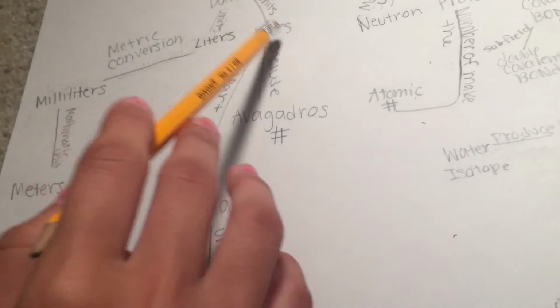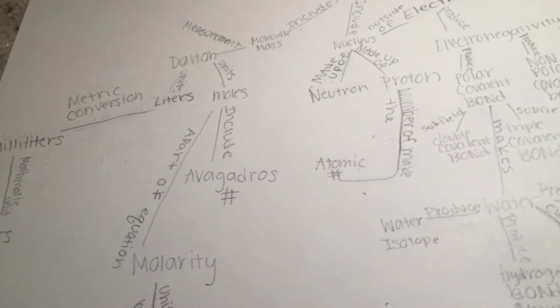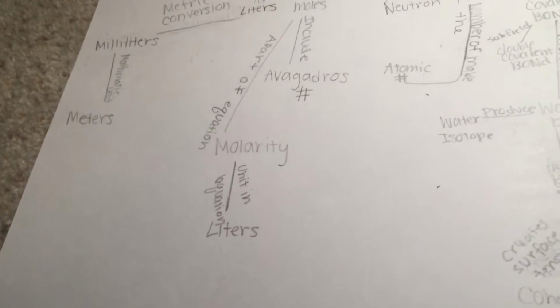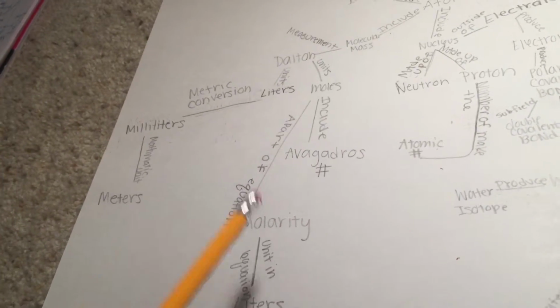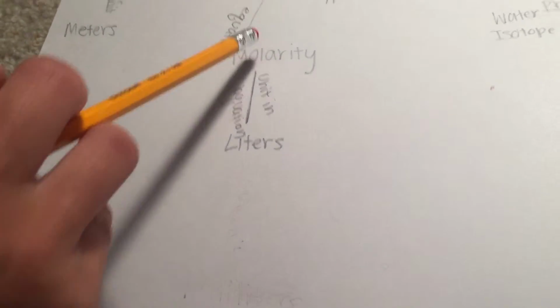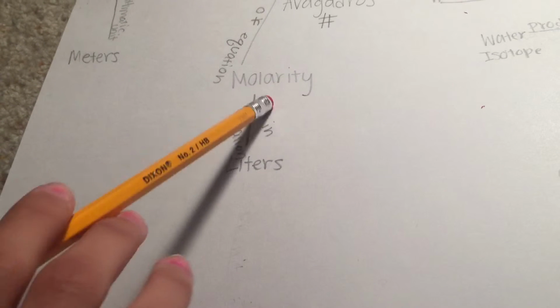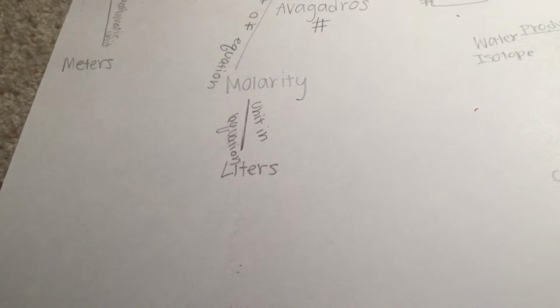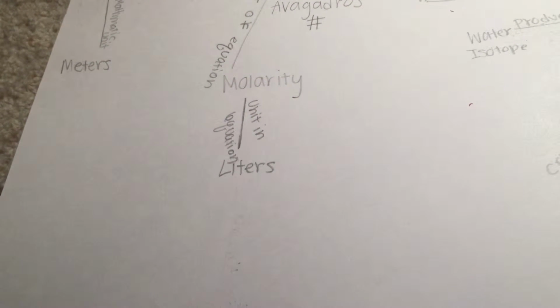And then going to moles, I know Avogadro's number is like the molar deal, and it plays a huge part in the moles. So then molarity came in, and molarity needs moles and liters, so I connected the moles to molarity and the molarity to the liters, just because they're both in the molarity equation.